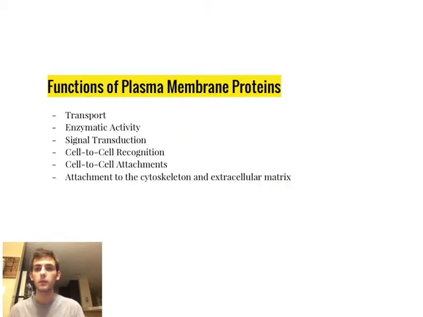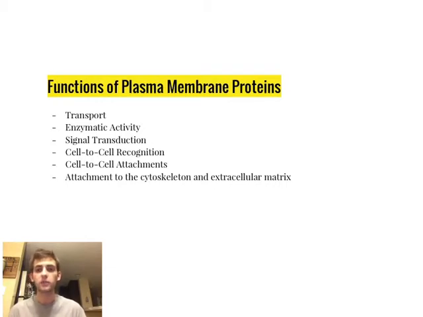The last thing that's important to mention is the function of these proteins in the plasma membrane. They allow for transport. They are used for enzymatic activity, so we find certain enzymes that allow certain communication to occur between cells. Speaking of which, they are involved in signal transduction, cell-to-cell recognition, and cell-to-cell attachments.